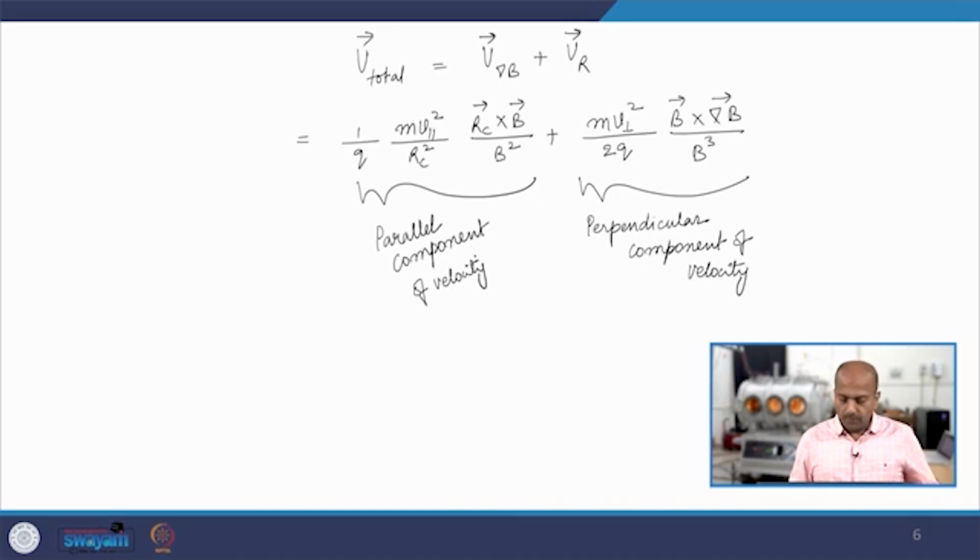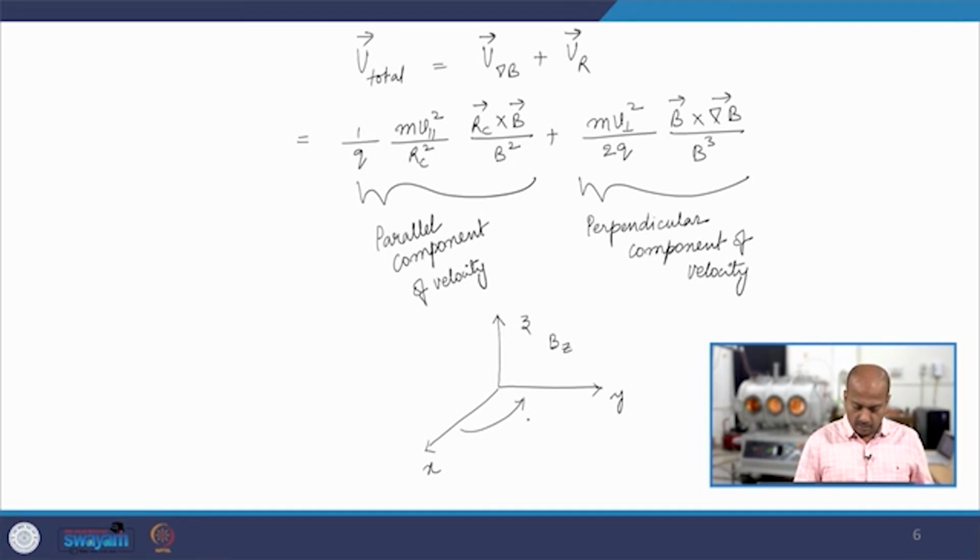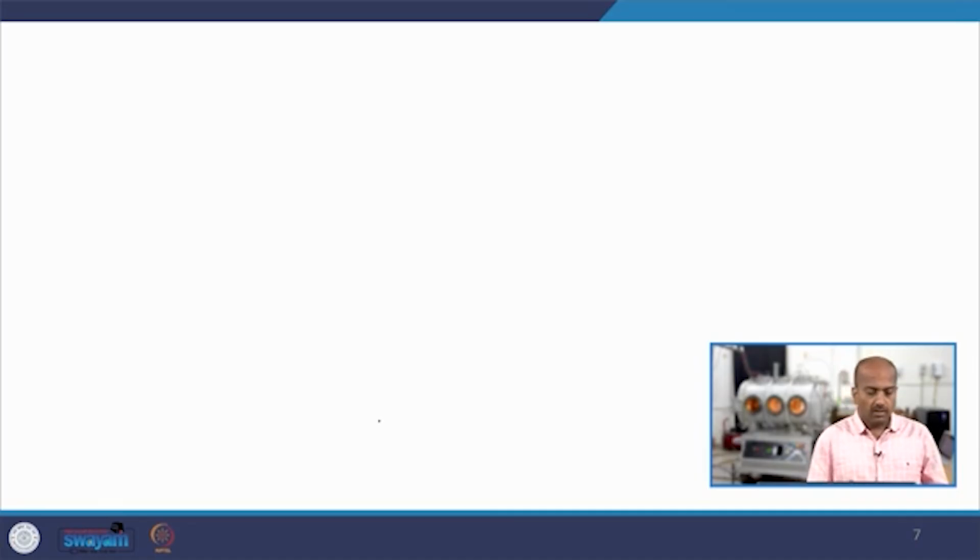Okay. Now, for this let us take a geometry. Let us say we have x, y, z, we have the magnetic field along Bz, and there is a curvature like this, B is equal to B along phi cap, and there is a gradient which is del B. So, under that particular geometry, we write the magnetic field B as Br, B phi, Bz.